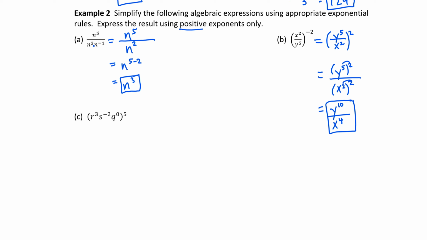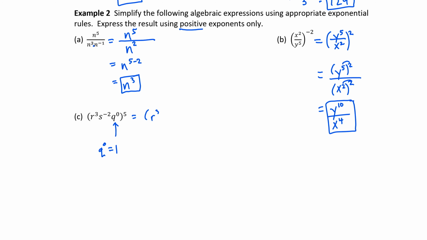Example C. We see a product raised to a power, and notice right here we have q to the 0th power. That catches my eye first. Remember, anything raised to the 0th power is equal to 1. So that is really just a 1 right there.